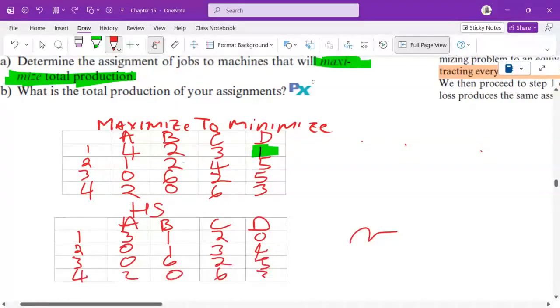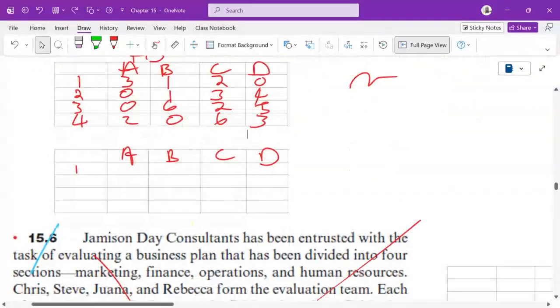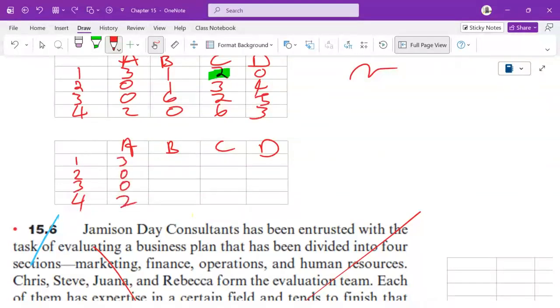Then we're doing it vertically. Now, what we have vertically, we have this one, which has a lowest of 2 here. So you rewrite everything else. 1, 2, 3, and 4. 3, 0, 0, 2, 1, 1, 6, 0.